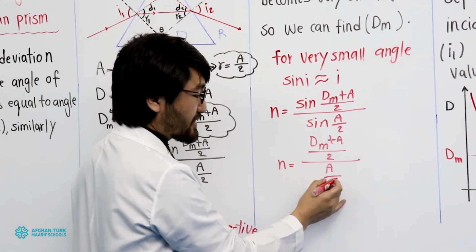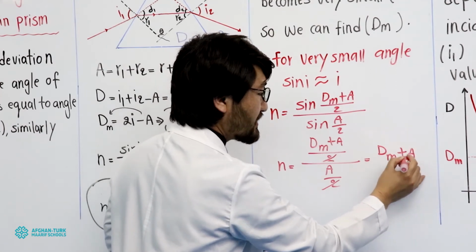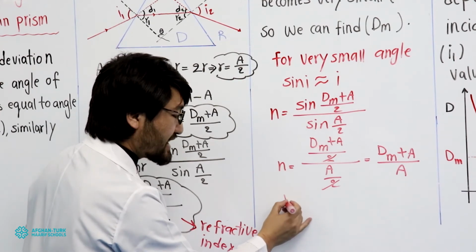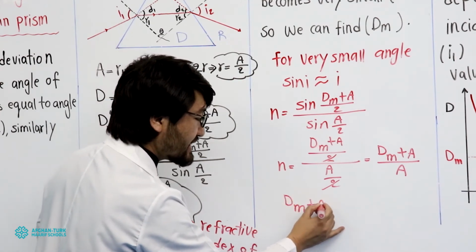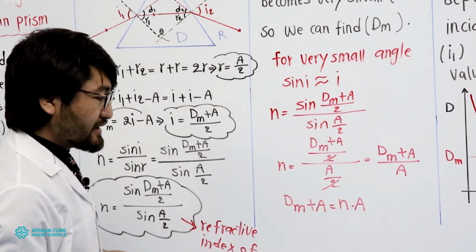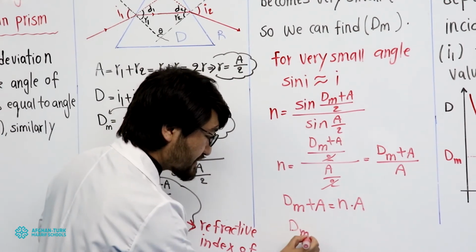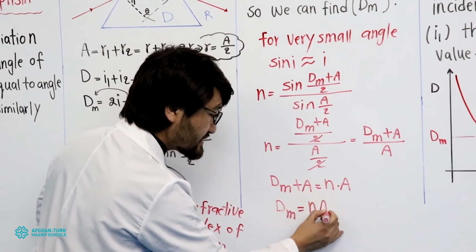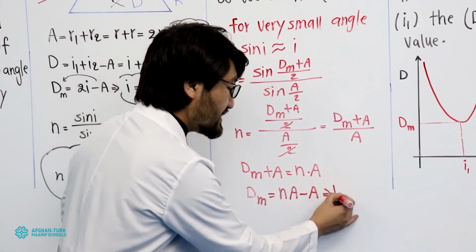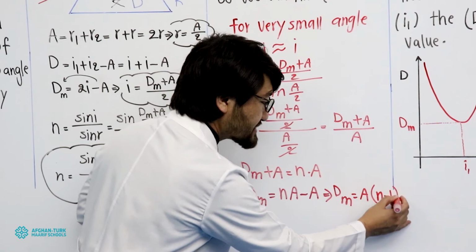The 2s cancel, so n is equal to (Dm plus A) over A. Now we multiply: Dm plus A is equal to n times A. Then Dm is equal to n times A minus A. We factor A: Dm is equal to (n minus 1) times A.